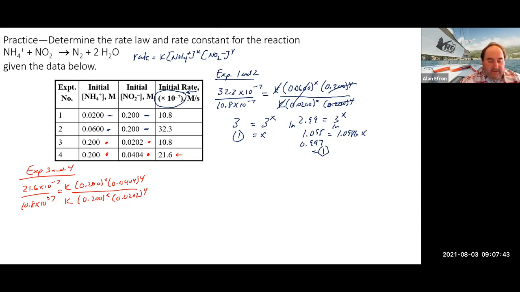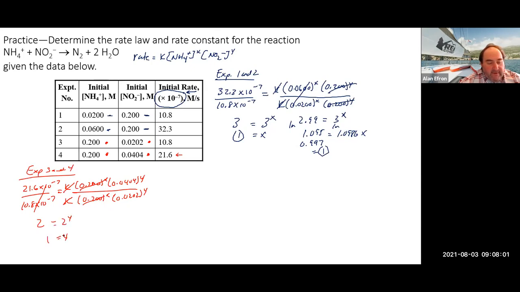Dividing 21.6 by 10.8 gives us a 2. The k's will cancel, this part will completely cancel, and that's going to give us 2 to the y. So y is equal to 1.